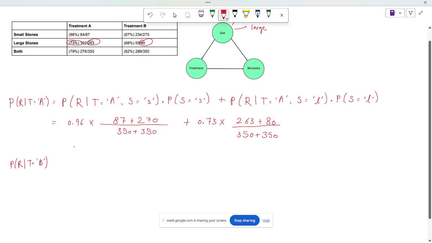I don't remember the exact answer to this, so let me just quickly calculate and add this over here.